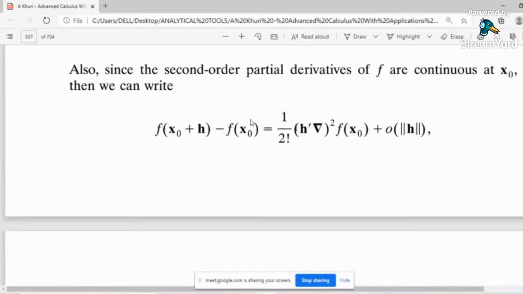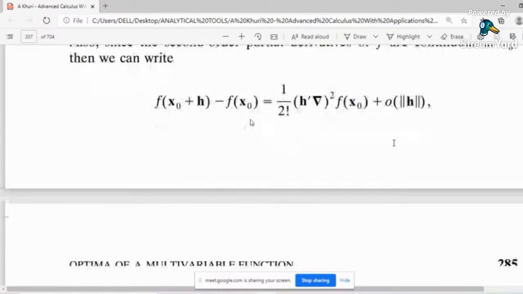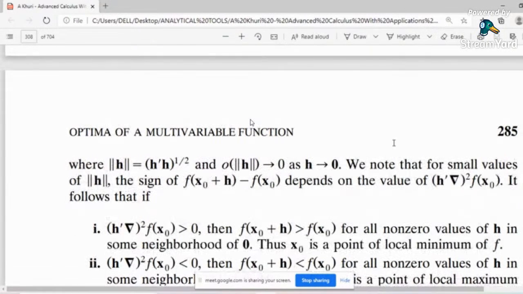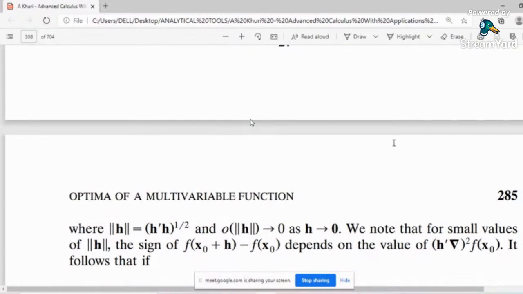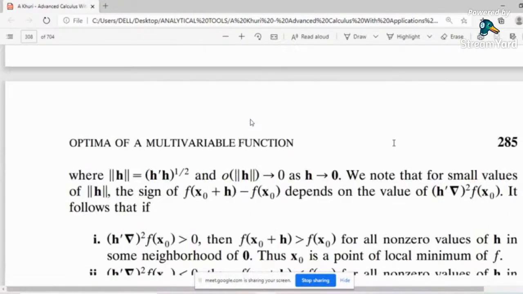So if the first term in the right side is positive, the left side will be positive. If the first term in the right side is negative, then the left side will be negative. We can neglect the order of h term, because that is a very small quantity. Moreover, it is going to 0 as h goes to 0.